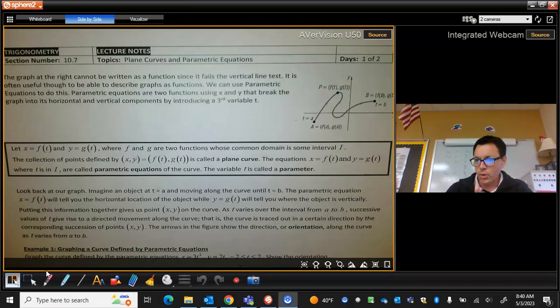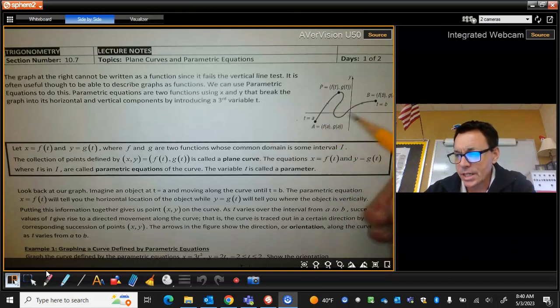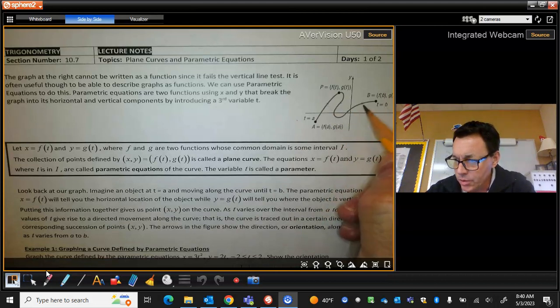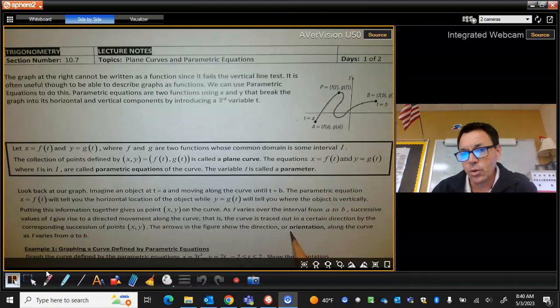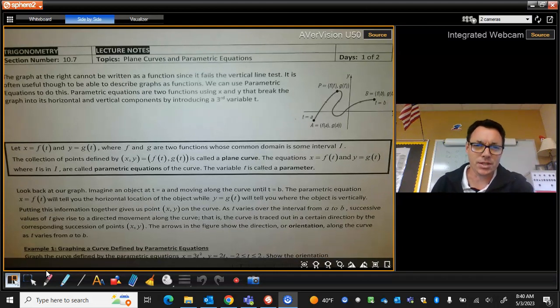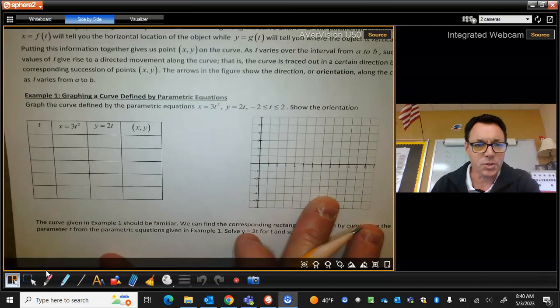Time is going forward, and so this graph is getting drawn in a certain order, okay? And that's what those arrows are showing. That's called the orientation of the graph. And we just want to make sure that we show that when we graph these out. So let me do one of these, and you're going to see what I'm talking about. It's probably easier to see than it is for me to try to explain.